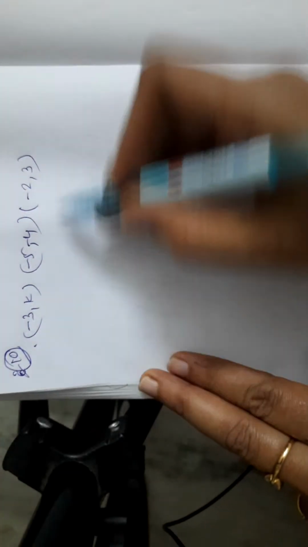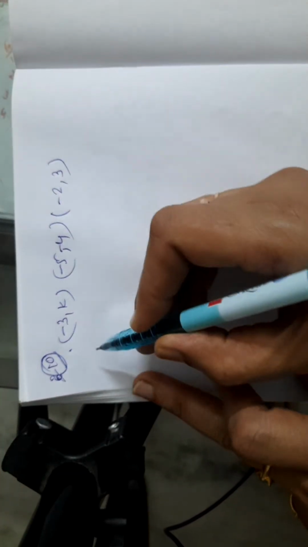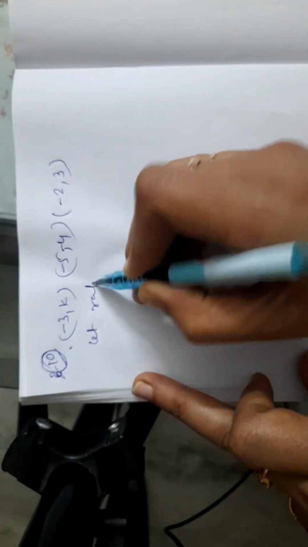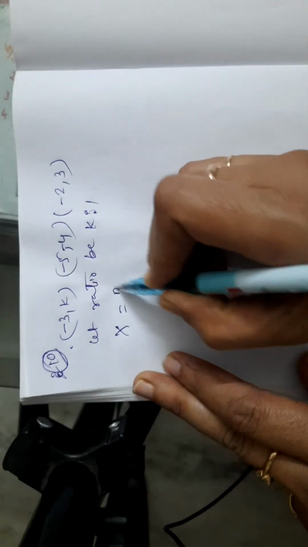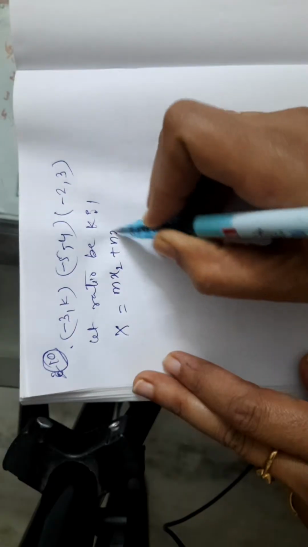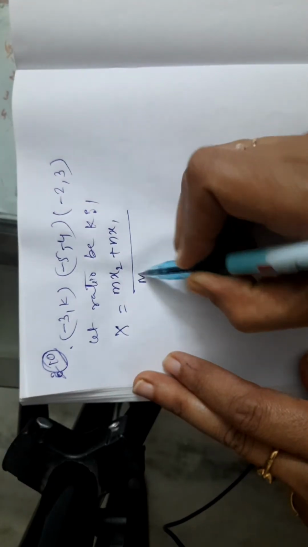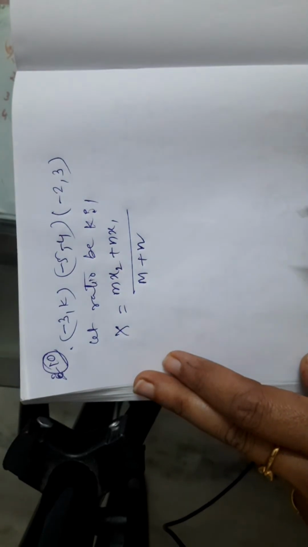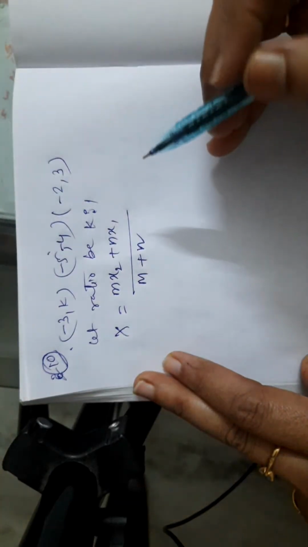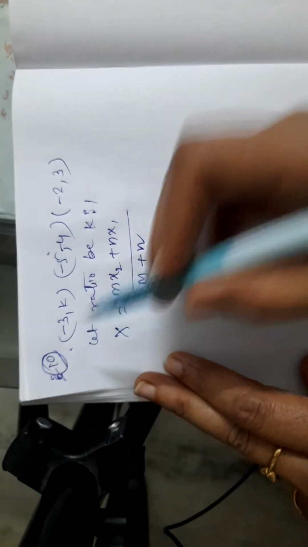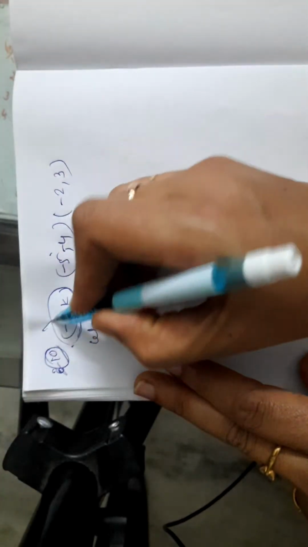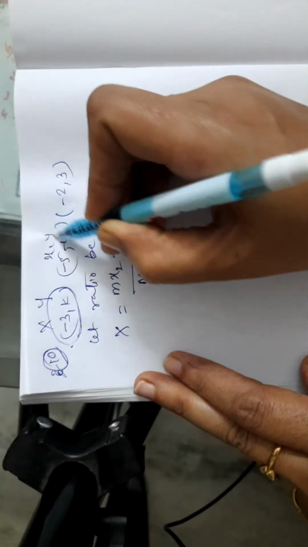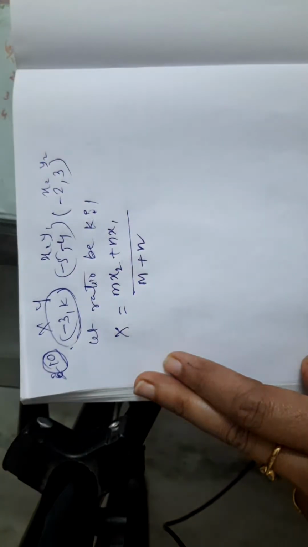Whenever ratio related questions will be there, how are we going to start? Let the ratio be K ratio 1. So the formula is capital X is (m x2 + n x1) upon (m + n), where capital X is the point dividing. So this is the capital X, capital Y, x1, y1, x2, y2.